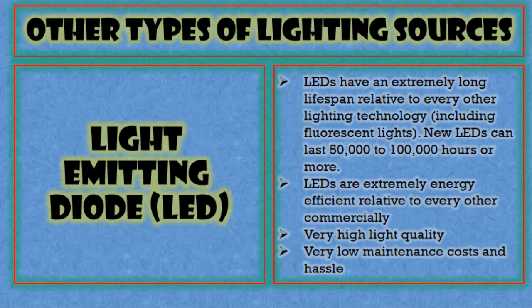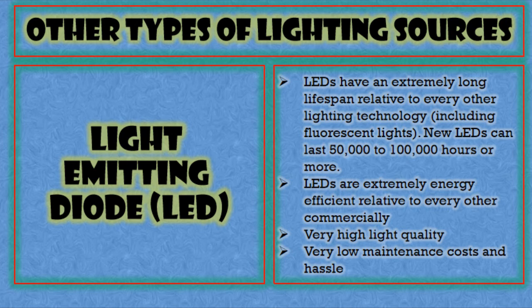Unlike dun sa fluorescent lamp, napapansin natin dyan, parang 1 taon lang or 6 months, umiitim na yung bumbilya. Okay? So, yun, hindi masyado nagtatagal yung lifespan niya. Yun yung pagkakaiba or isang advantage ng LED light. Okay, and then sabi pa dyan, LEDs are extremely energy efficient relative to every other commercially distributed lighting source.